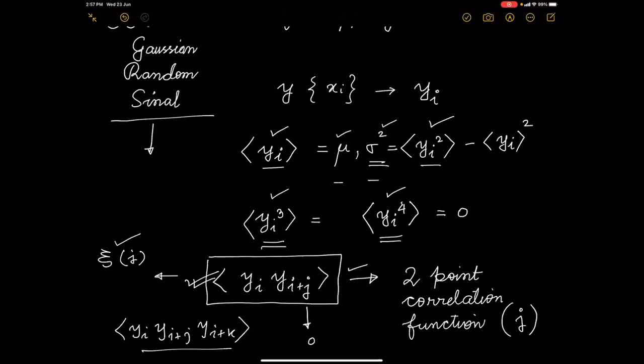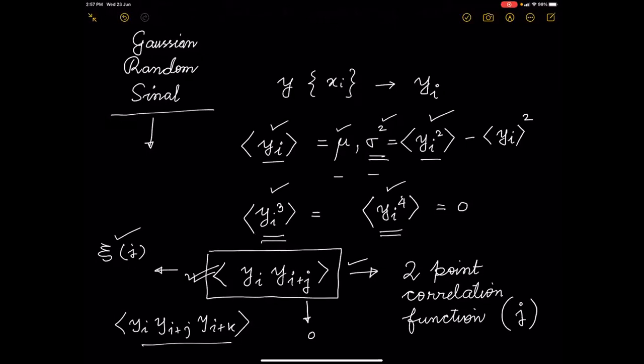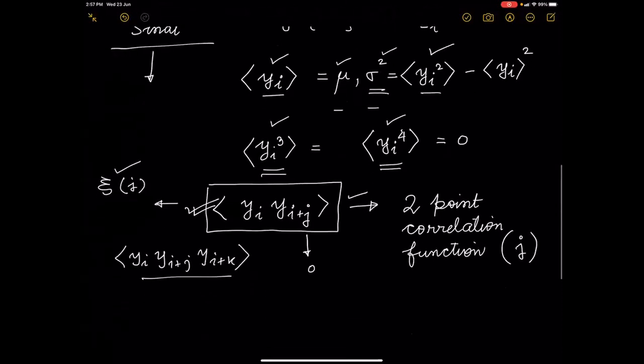Okay, so let us take this message further. Let's try to use this tool, which I call the 2-point correlation function. Because we are correlating the same signal at 2 different points, it's also called the 2-point autocorrelation function. Auto means same.